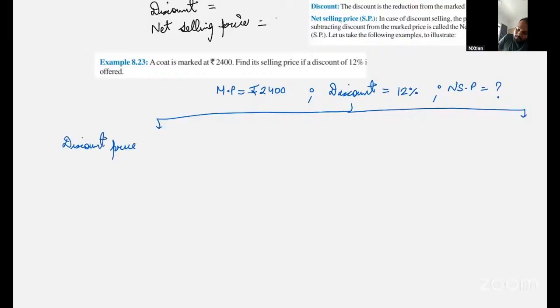The discount price is basically the off amount. There is a discount of 12% of 2,400. So 12% of means multiply 2,400. 12 into 24 will be around 240 plus 290.